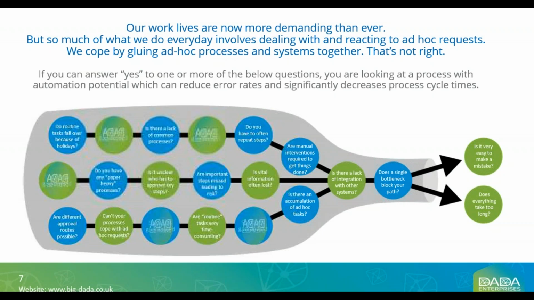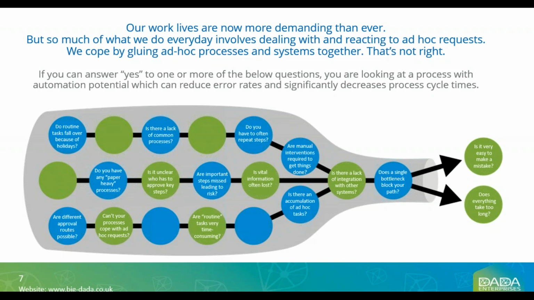If you have a look at the diagram and see anything which seems familiar to you in your processes, then there is an opportunity to automate them. So, for example, do you have many manual workarounds? Are you reliant on key staff?